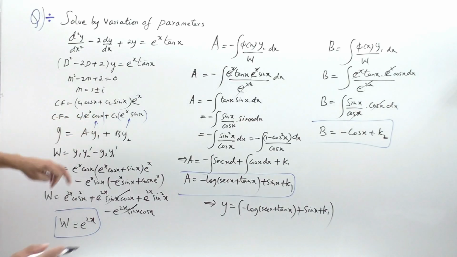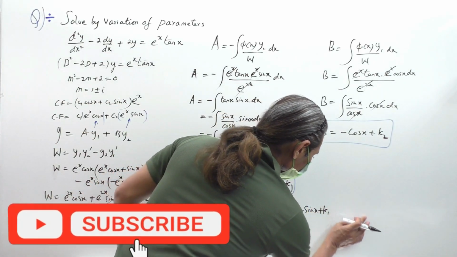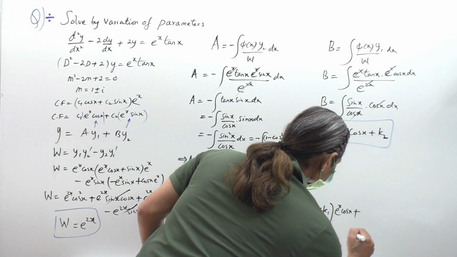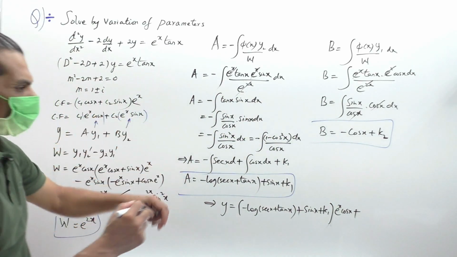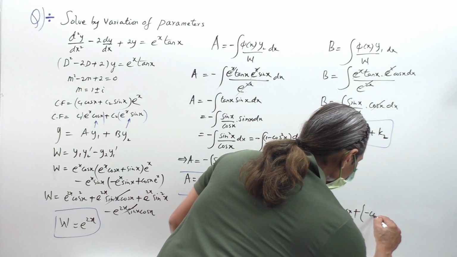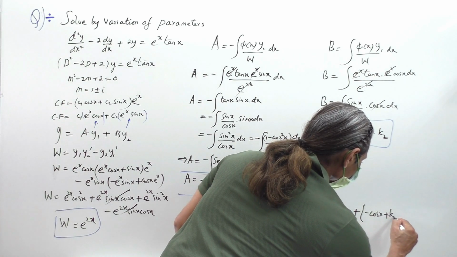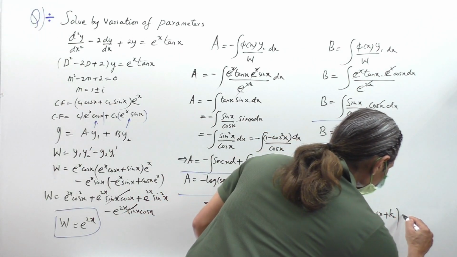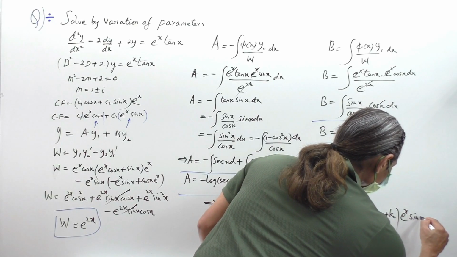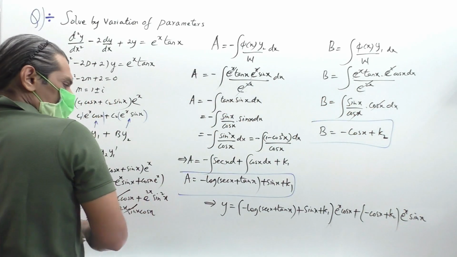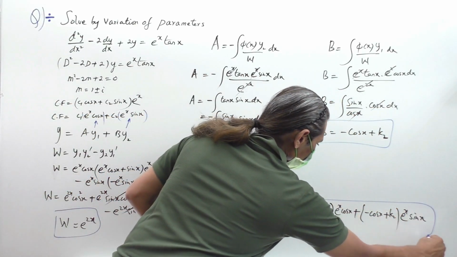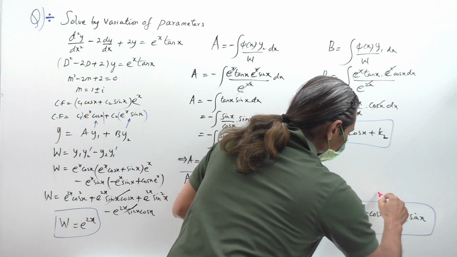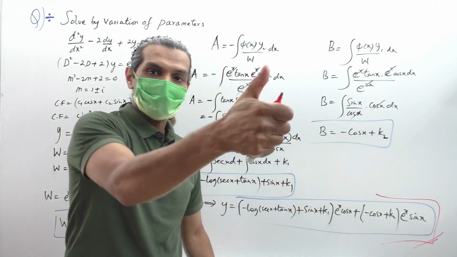What's y1? e raised to x cos x. Plus B into y2. What's B? Minus cos x plus k2, into, what's y2? e raised to x sin x. That's the solution. That's all. Please underline all the solutions. Okay, I hope you clearly understood this. That's the solution. Done.